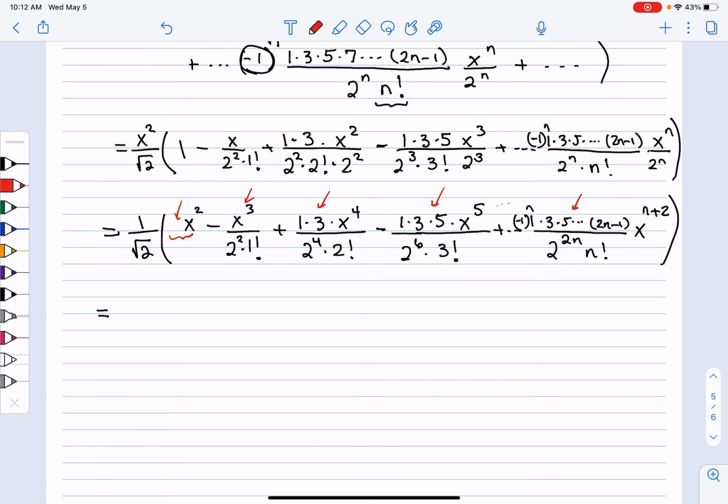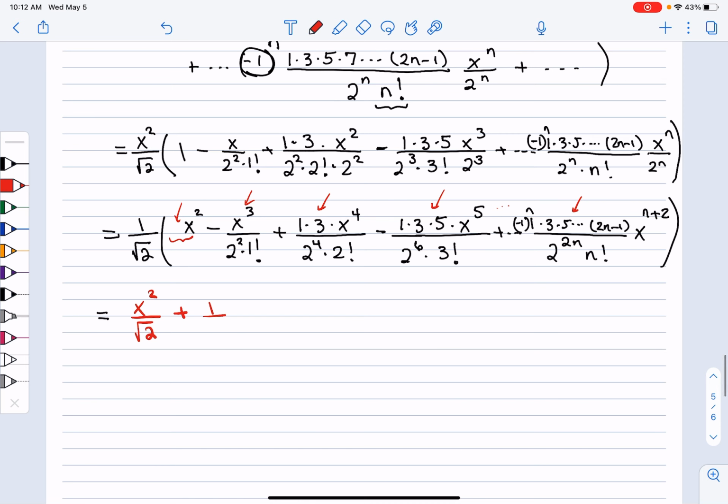So what we're going to do is write it down as x squared over radical 2 plus 1 over radical 2, which is really equal to 2 to the 1/2 times sigma, as n goes from some number to infinity.